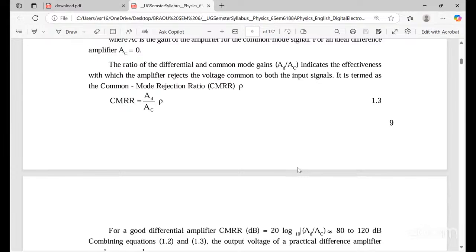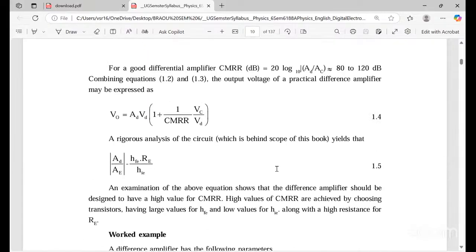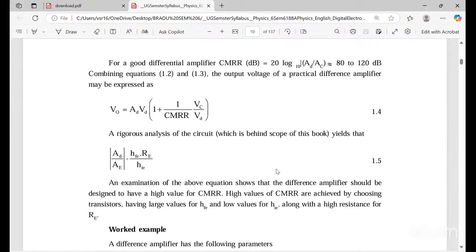So CMRR is nothing but AD by AC, that is rho. For a good differential amplifier, the CMRR value is 80 to 120 decibels. For a practical differential amplifier, V0 equals AD into VD times 1 plus 1 by CMRR into VC by VD.